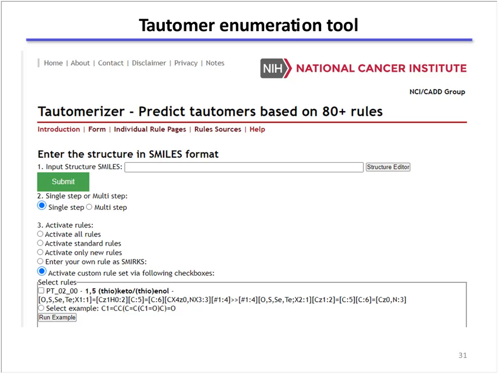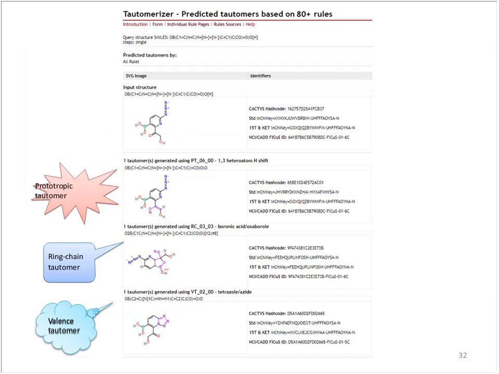Here is one example that is associated with all kinds of patterns: prototropic, ring-chain, and valence patterns. The prototropic pattern is in the side chain, by keeping or generating this pattern.